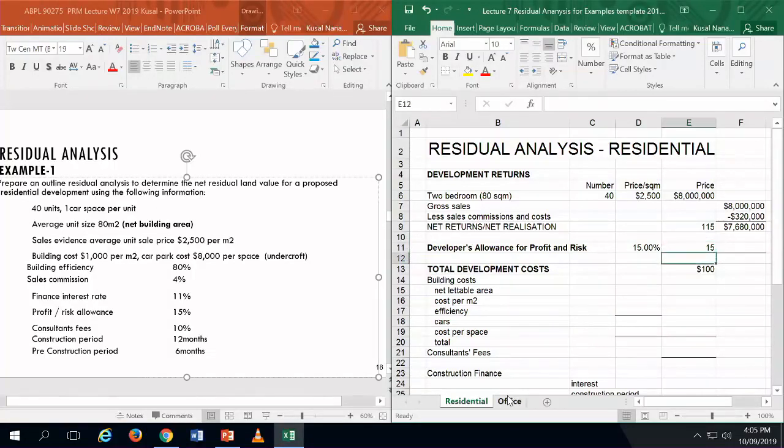For example, total development cost is 100, profit margin is 15, then net realization will be 115. Yeah, so your total development cost actually consists of the contingency 10% as well? Yeah, everything. Clear? This is 115. Then how do you calculate the profit? 115 divided by 115 multiplied by 15.